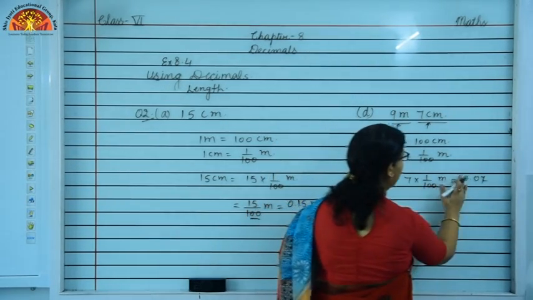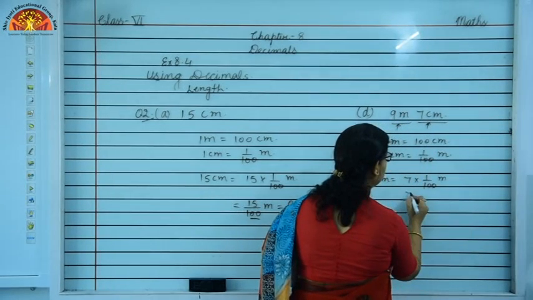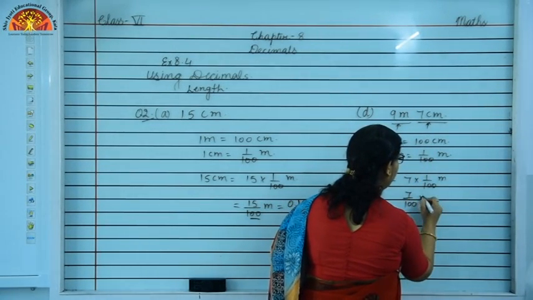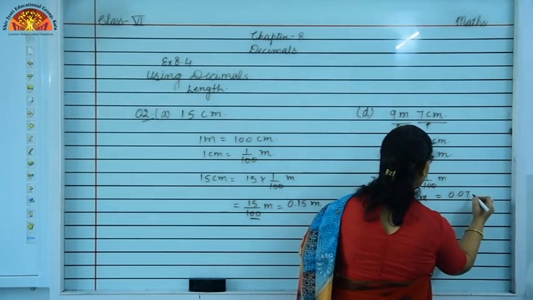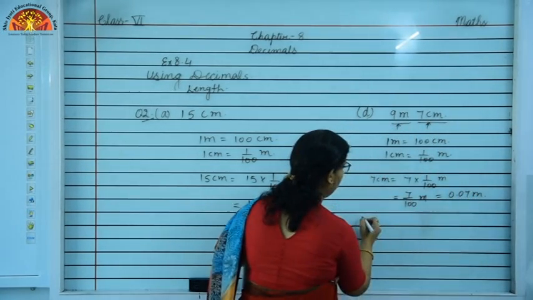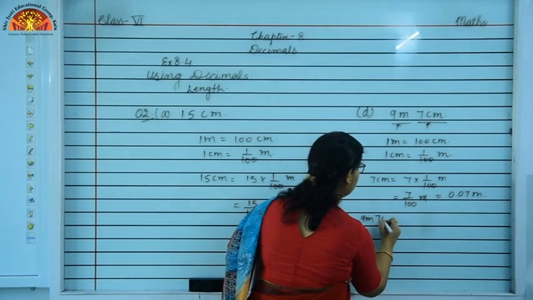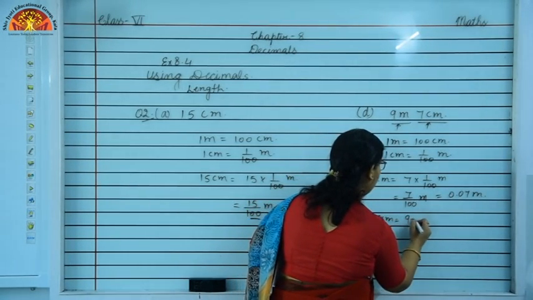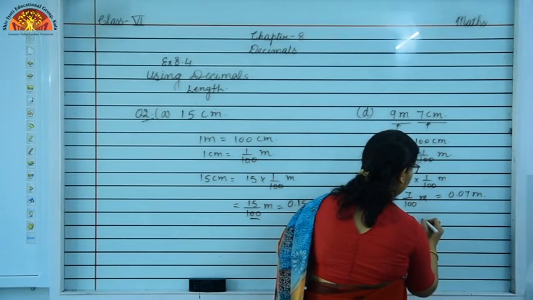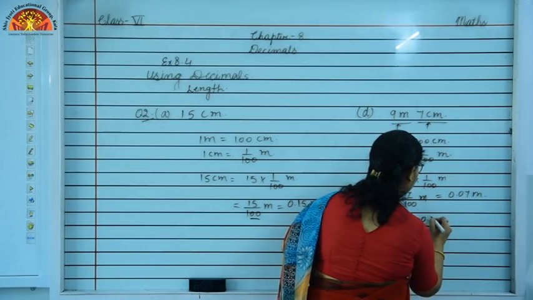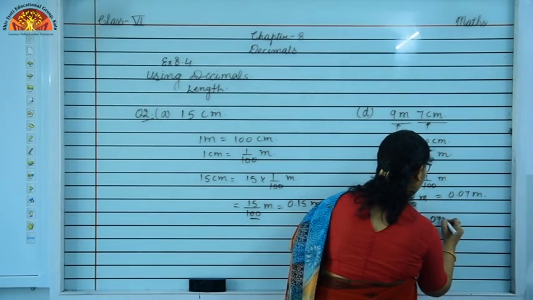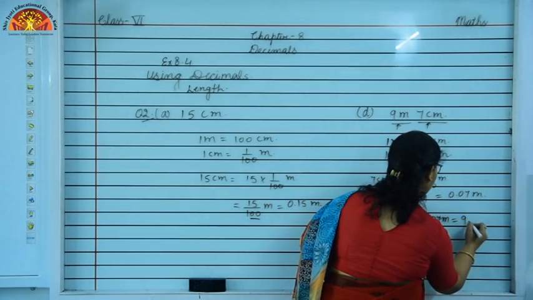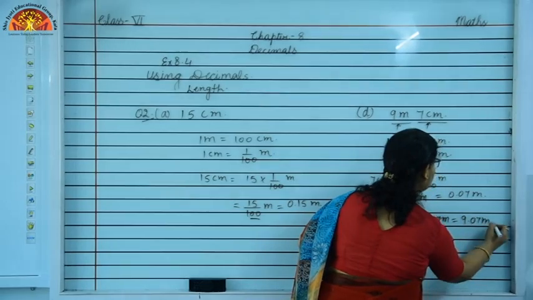So we write 7 upon 100 meter, equal to 0.07 meter. Now 9 meter 7 centimeter is equal to 9 plus 0.07 meter, which is equal to 9.07 meter.